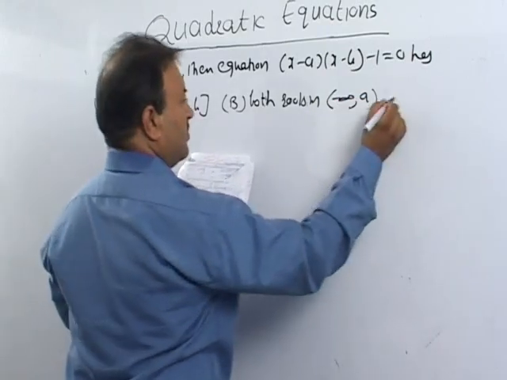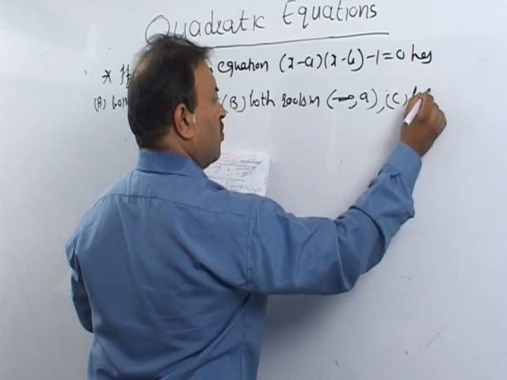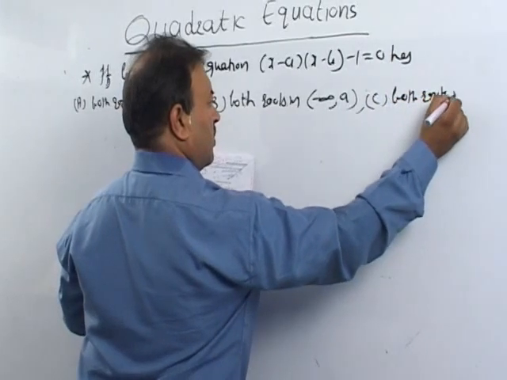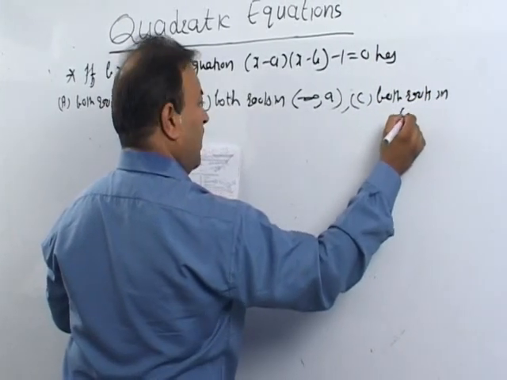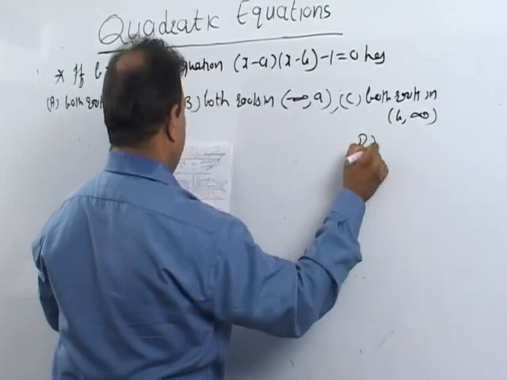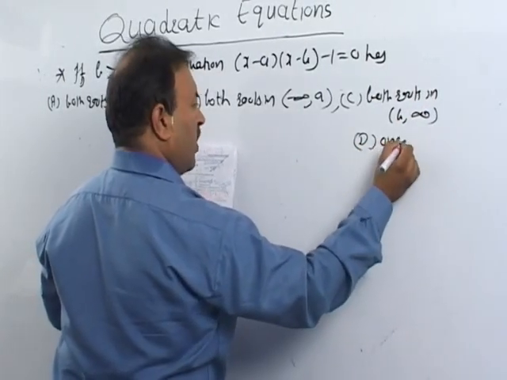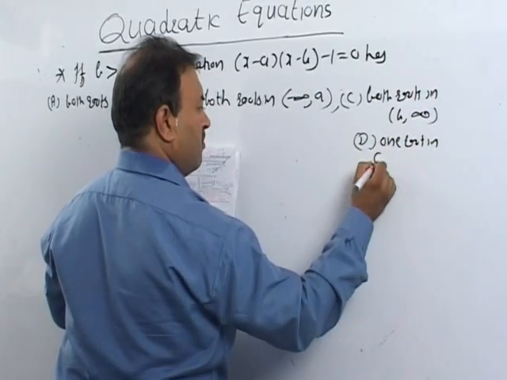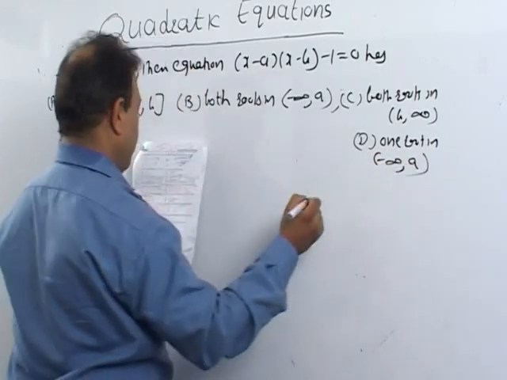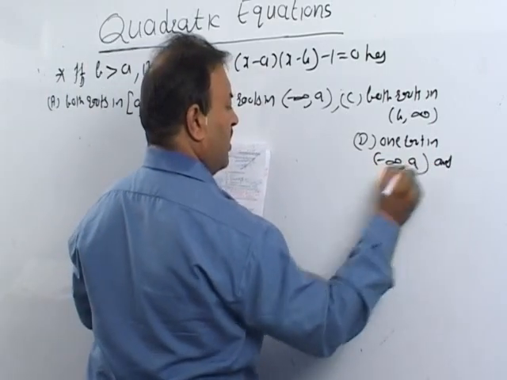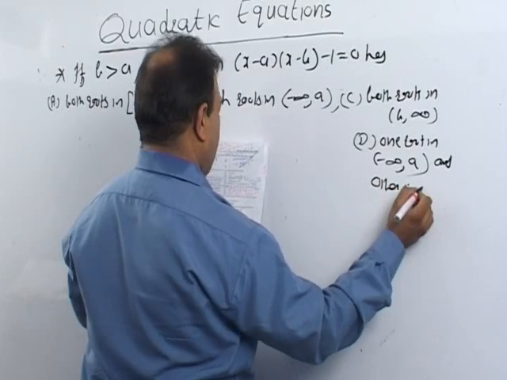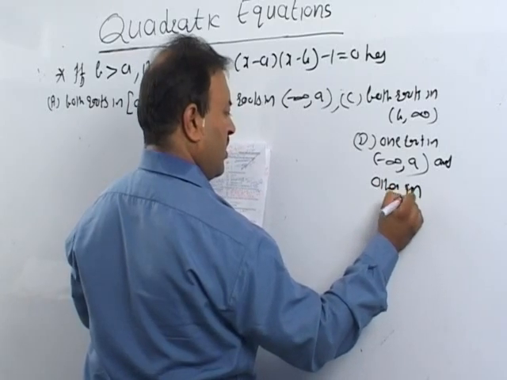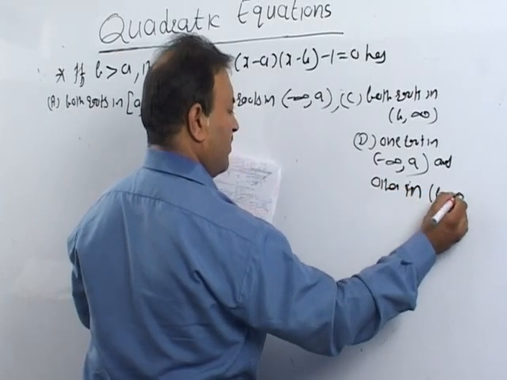C option, both roots in (b, infinity). And the D option, one root in (minus infinity, a) and the other in (b, infinity).